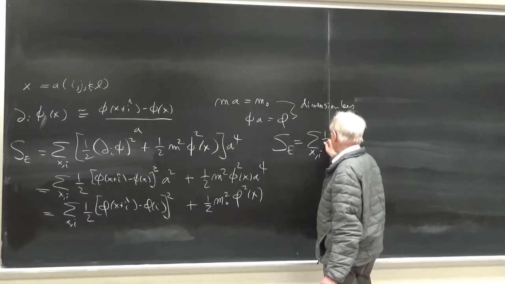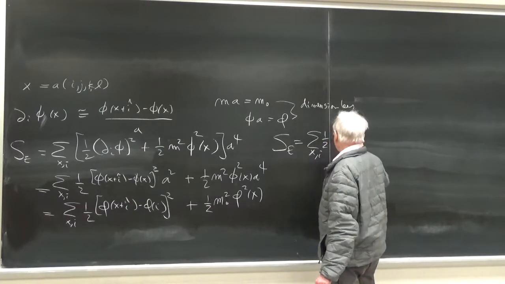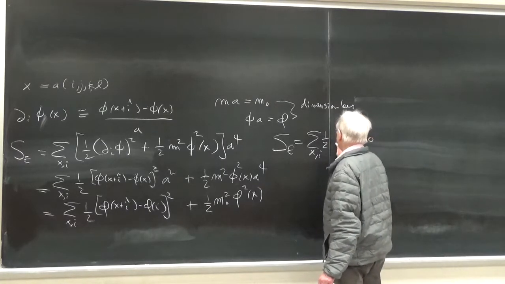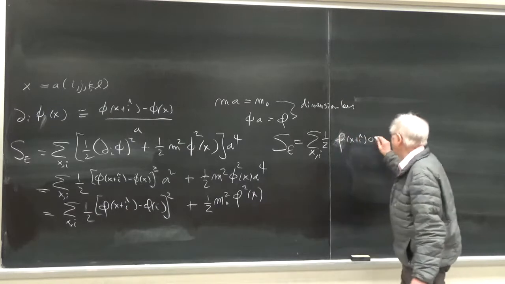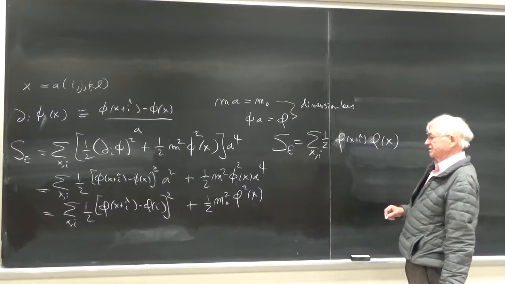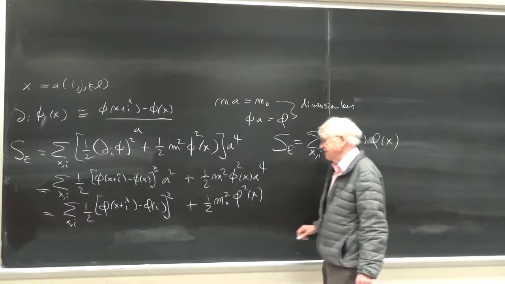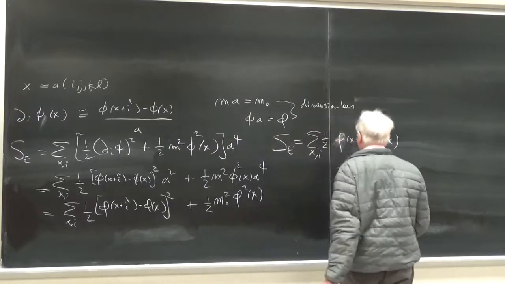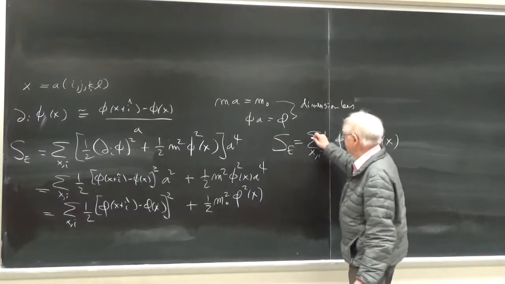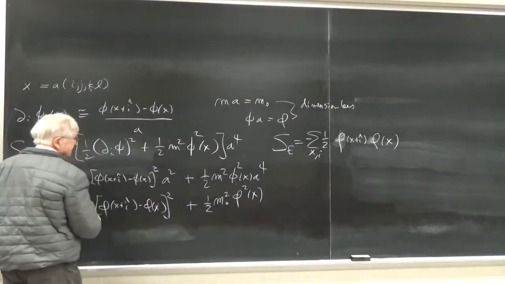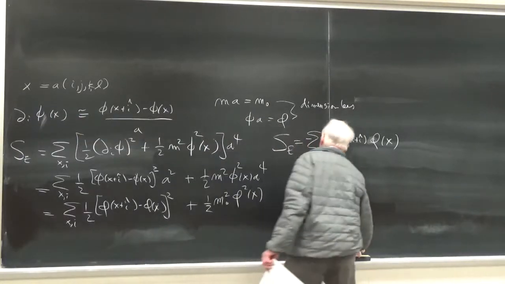So we can rewrite this Euclidean action as a sum over lattice sites and directions of 1/2 phi of x plus i hat. Well, actually, it's the dimensionless one. Phi of x, no, this is x, not phi. And there's a minus sign, and it kicks out a 2, so the 1/2 is gone.